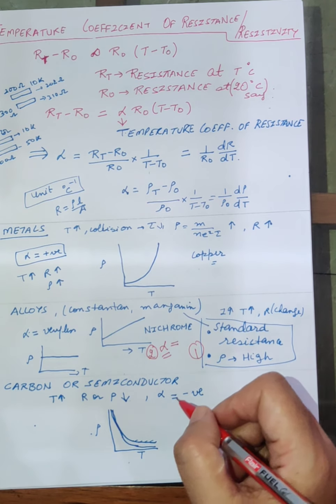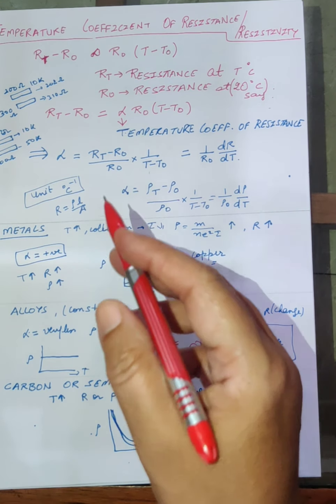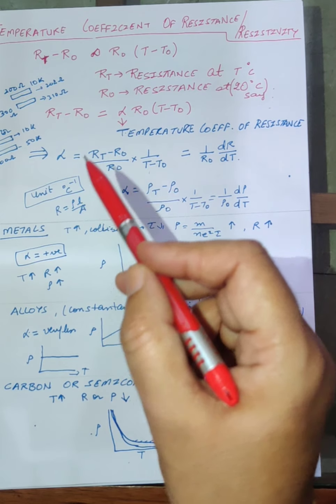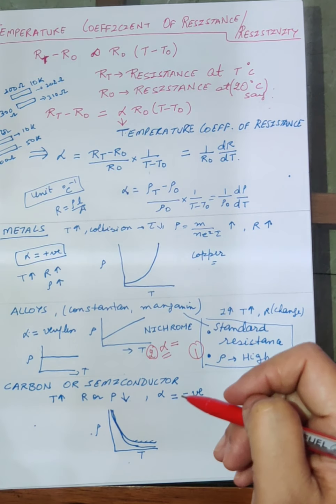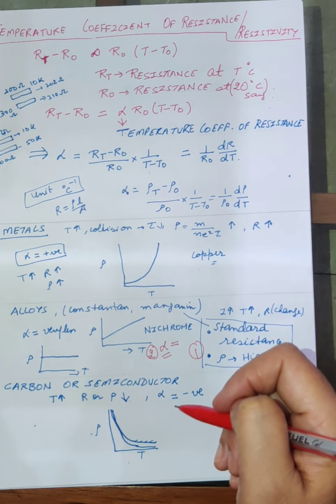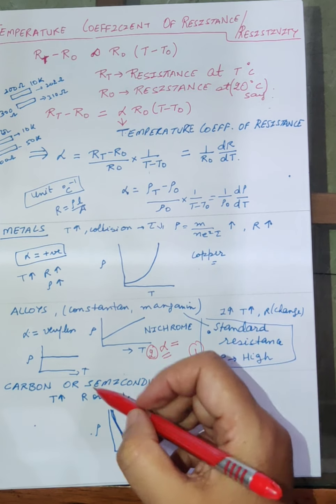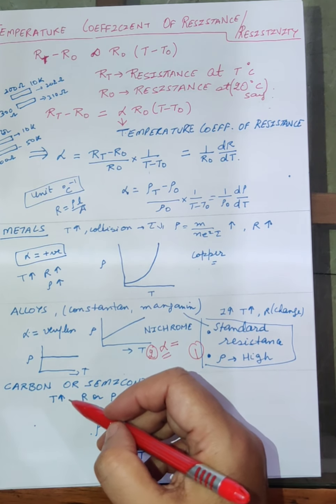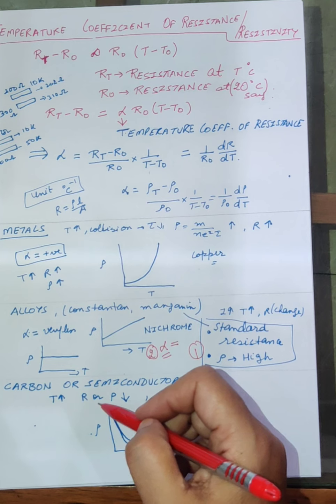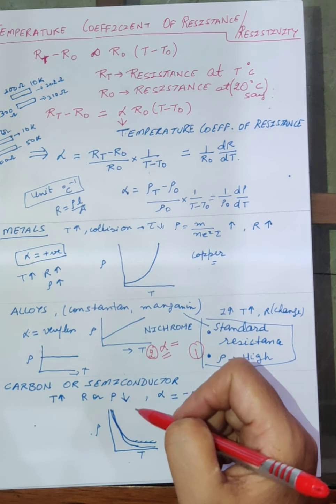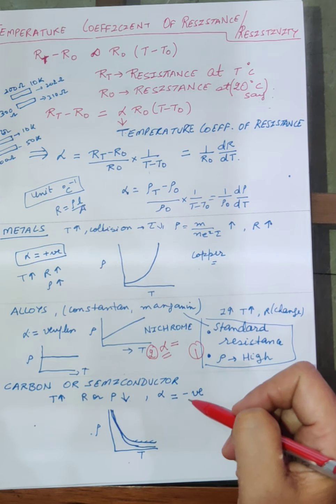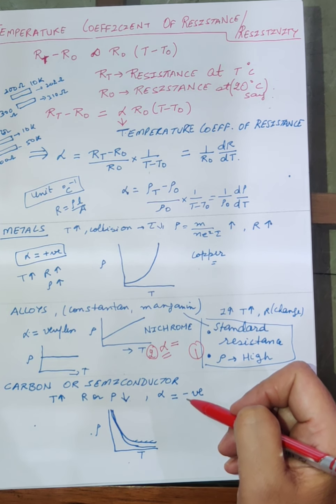Alright, next is how alpha, the temperature coefficient of resistivity or resistance, changes with temperature in the case of a semiconductor. We have done that in the case of a semiconductor, on increasing the temperature, the resistance or the resistivity decreases. As it decreases, that means alpha is negative.